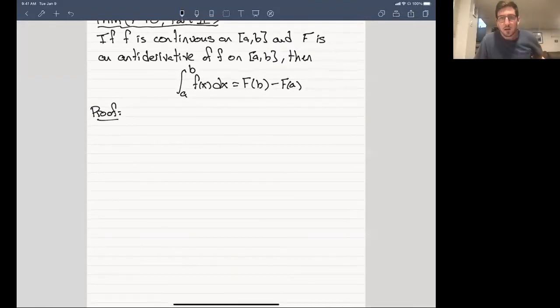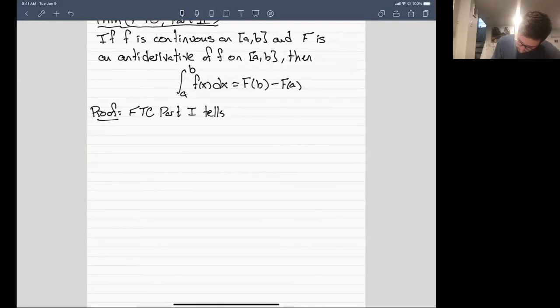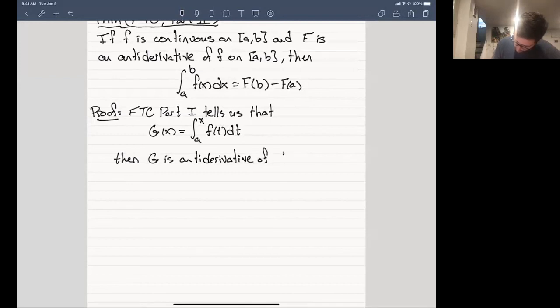The first thing is that we need an antiderivative for this function. Well, the first part of the Fundamental Theorem of Calculus, FTC part 1, tells us exactly what I just said: that if capital G of x is given by the integral from a to x of little f of t dt, then G is an antiderivative of little f.